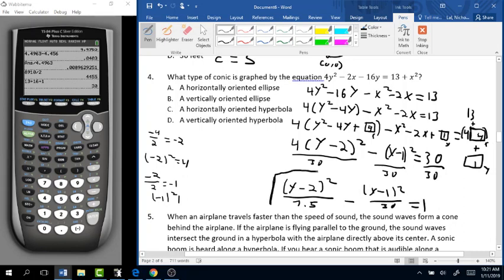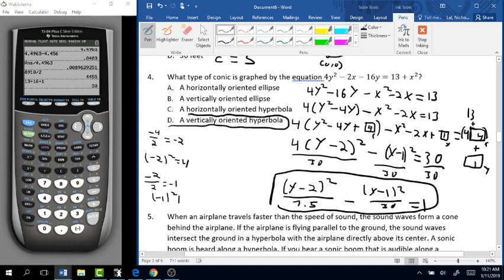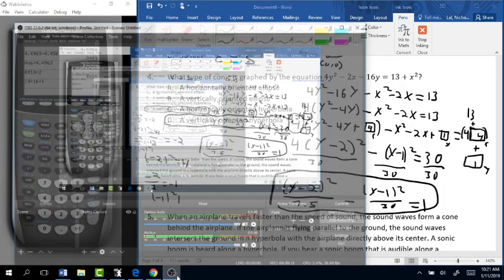But this equation is that of a vertically oriented hyperbola. All right, once you see that you have a larger coefficient for the y term than the x term, and then you have a y squared term minus the x squared term, with enough pattern recognition, you can figure out it's a vertically oriented hyperbola. All right?